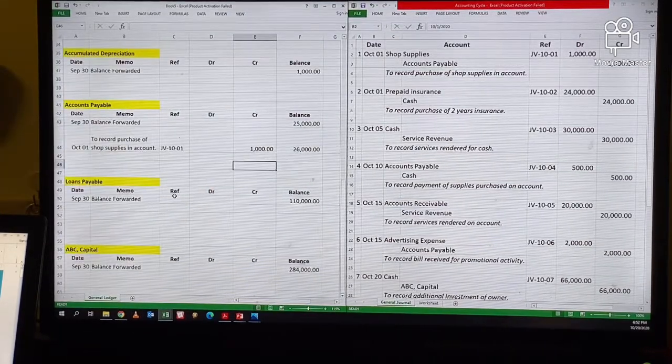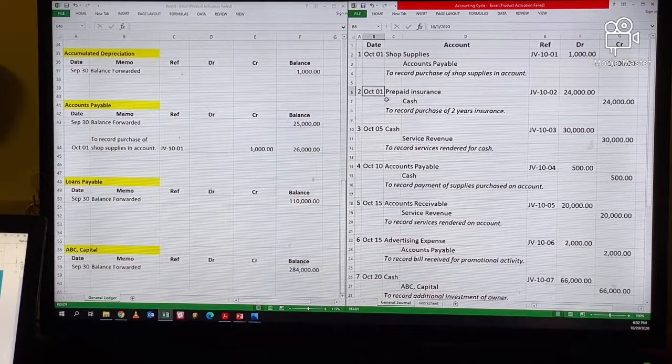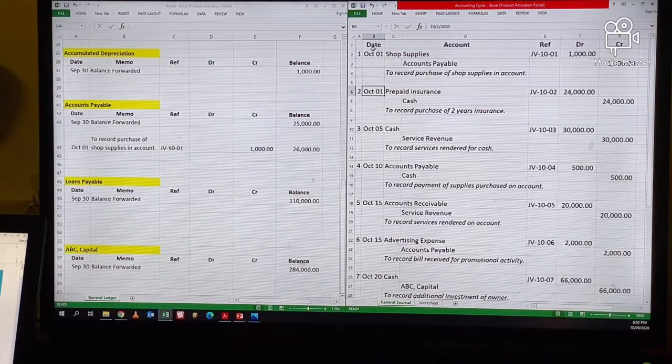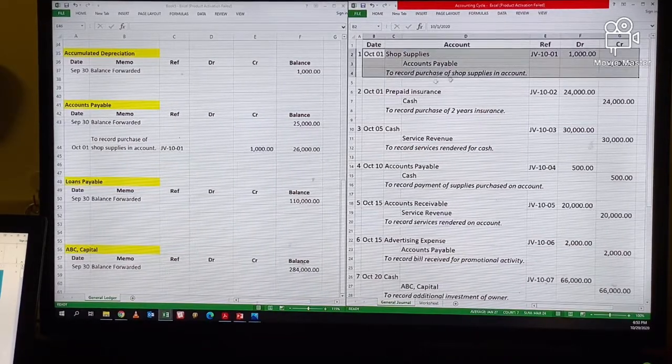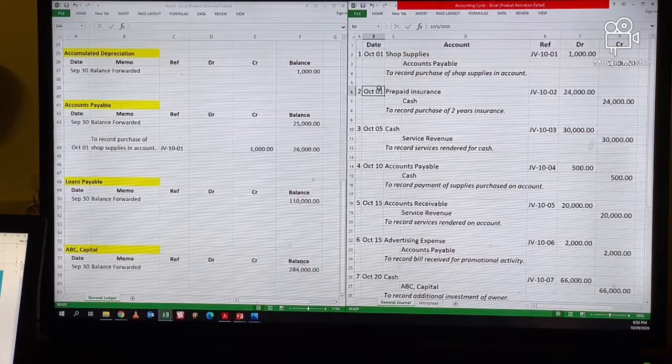So we're done transferring entry 1 to the general ledger.